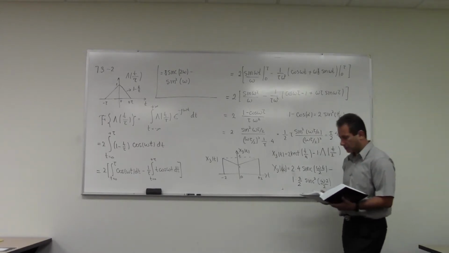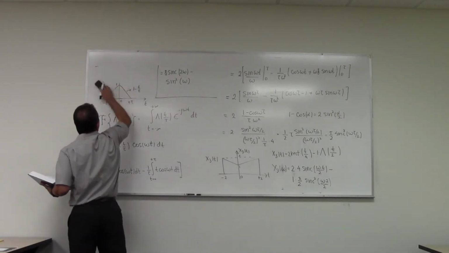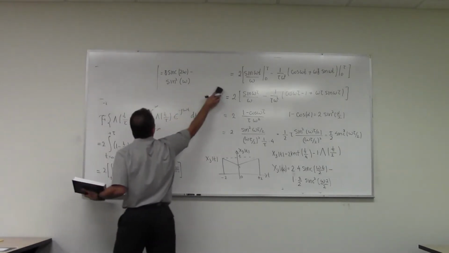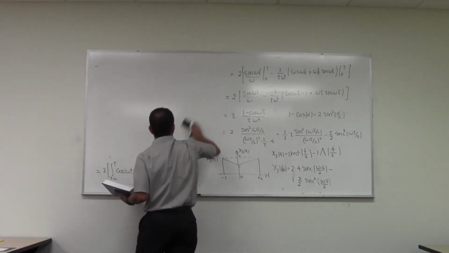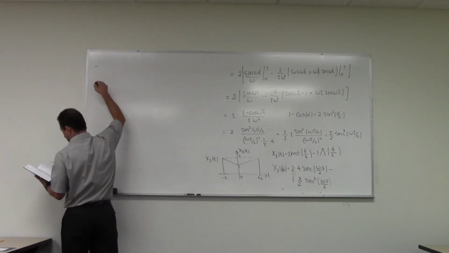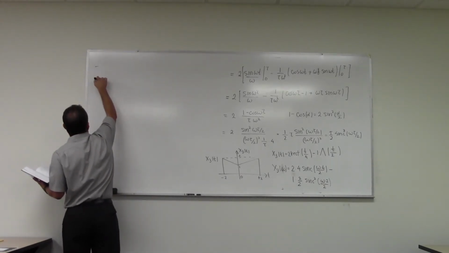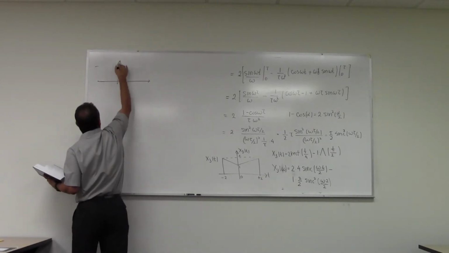Let me just do another one. Let's look at x5 of t. x5 of t looks like this.